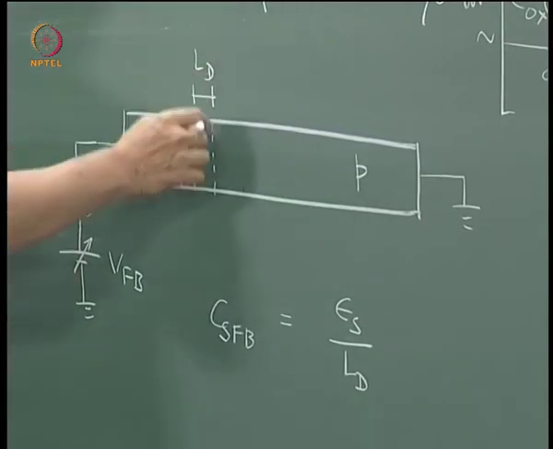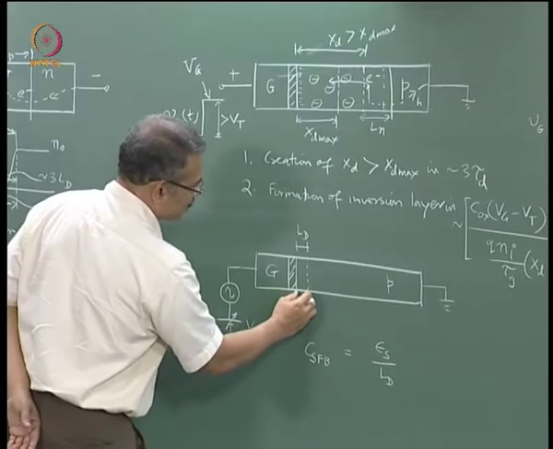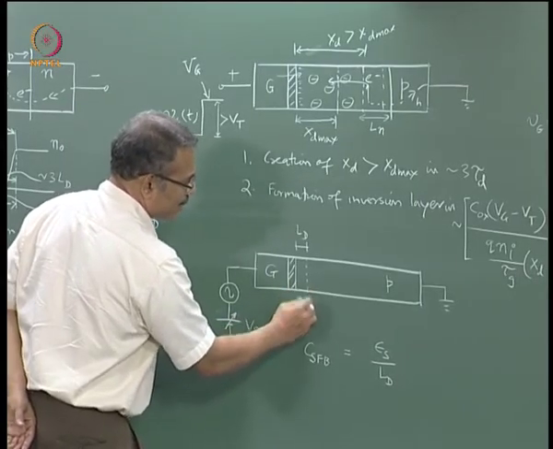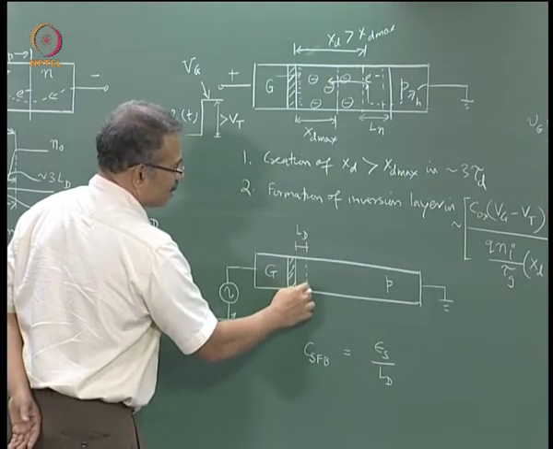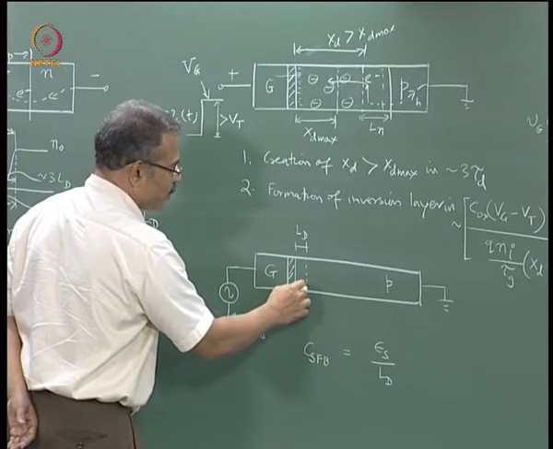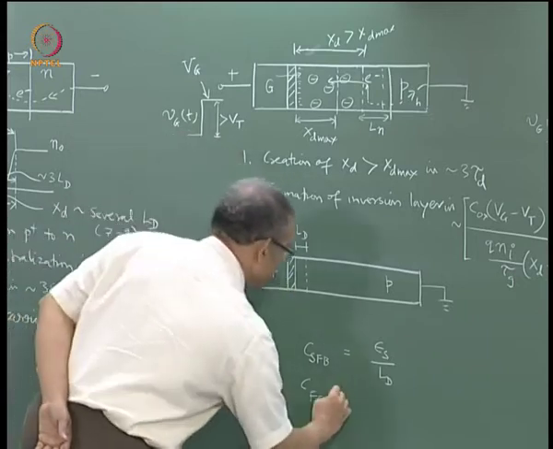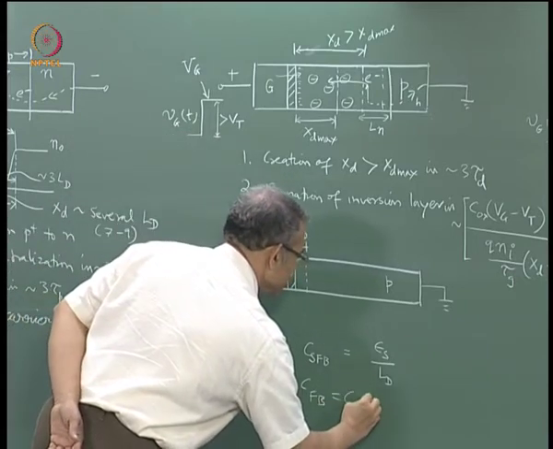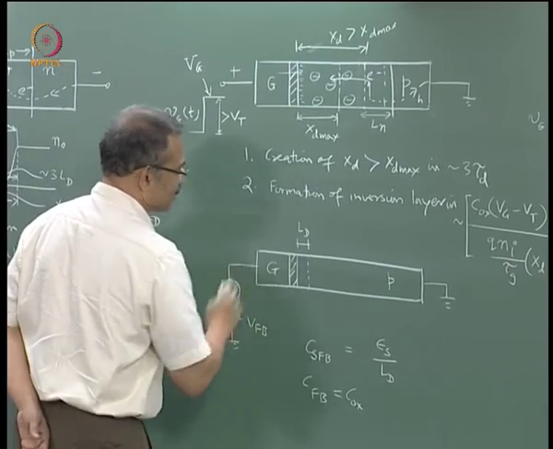So here the region width will be of the order of Debye length, and therefore the semiconductor portion will have a capacitance given by epsilon s by Ld. So note that this capacitance is not infinity. If you write the flat band capacitance formula, it will be a series combination of the oxide capacitance and this semiconductor capacitance.